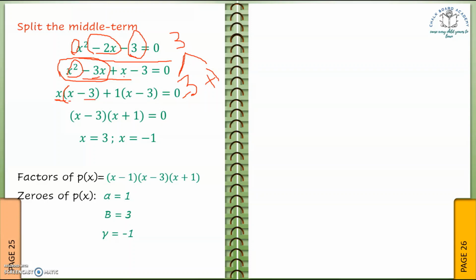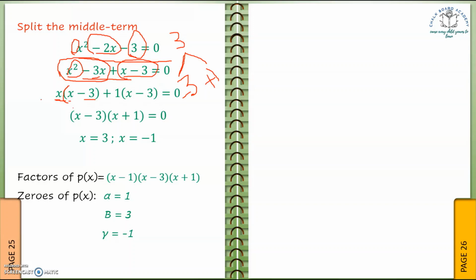Now from these two terms nothing is common. So if there is nothing common, then we can take 1, because 1 is the factor of every number. So here plus 1 and again in bracket x minus 3.